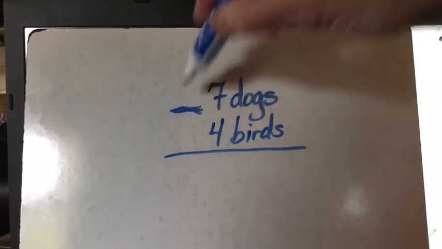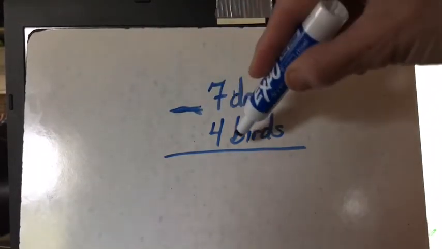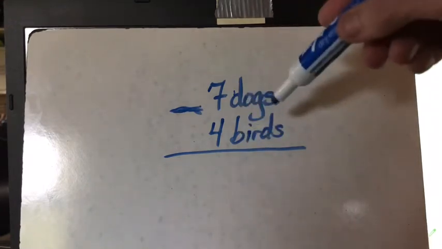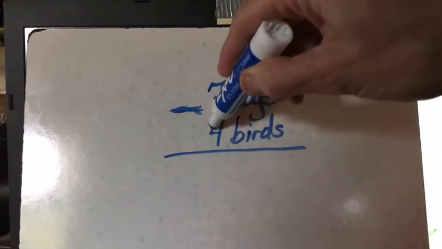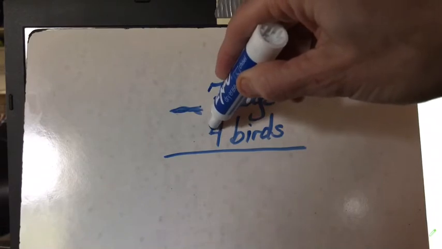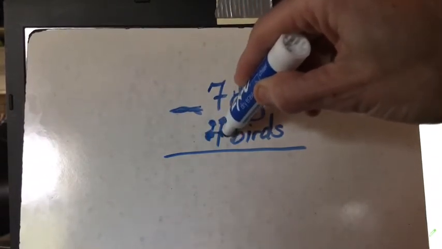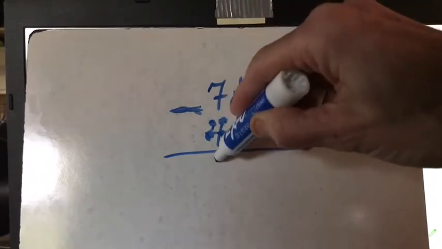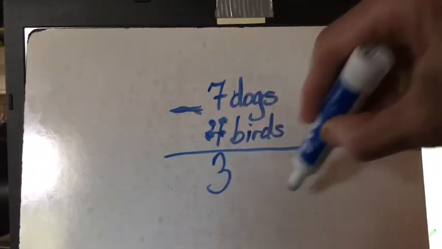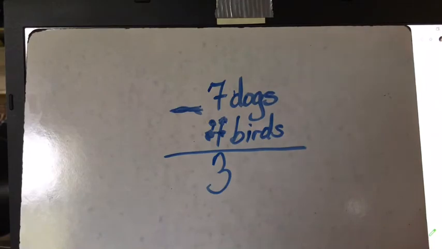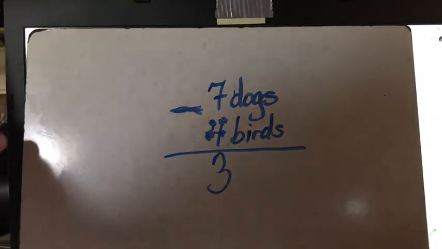It's not all together, it's how many more for the dogs than the birds. So 7 minus 4, if I'm at 7, I take 4 away. 6, 5, 4, 3. So 7 minus 4 is 3 more people like dogs than birds.